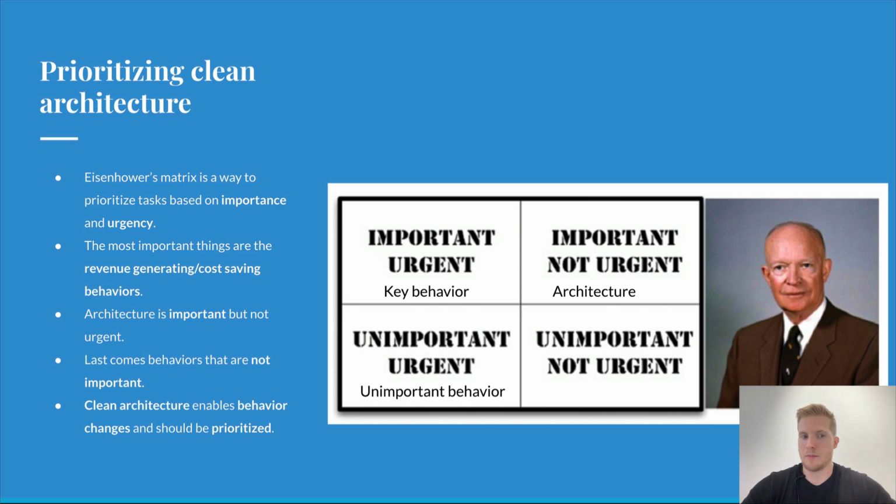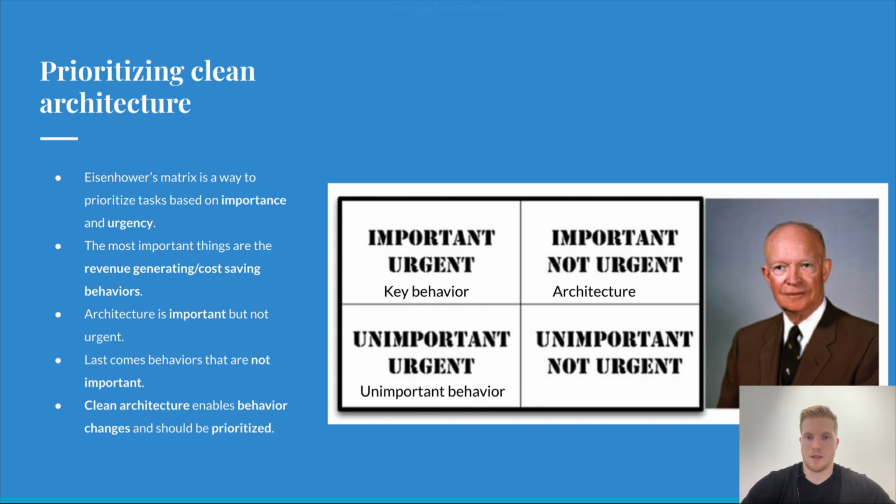But architecture, that's an important thing. It's important because it's accommodating change. If you have a system you cannot change, then it's going to be unusable in the future. And then in third place, we have unimportant but urgent. These are things that are not really any key revenue generating or cost saving behavior, but still something that should be fixed.